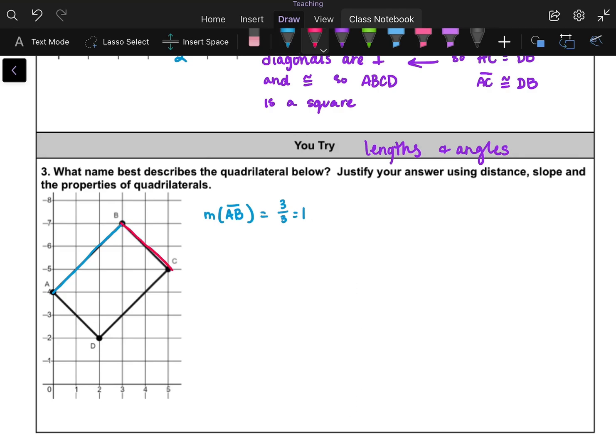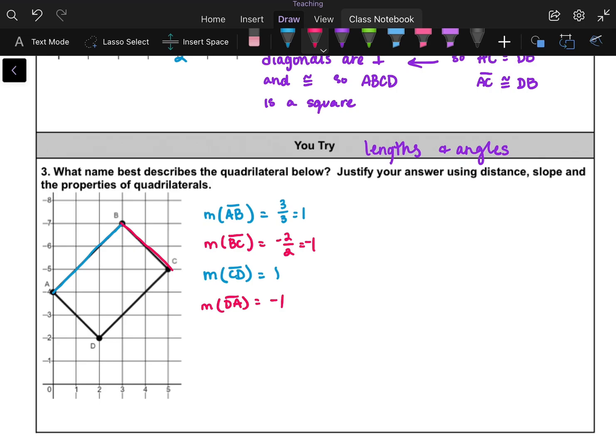Slope of BC is going to be equal to negative 2 over 2, which is negative 1 when we simplify that. Slope of side CD is going to be equal to 1, and the slope of side DA or AD is also equal to negative 1.